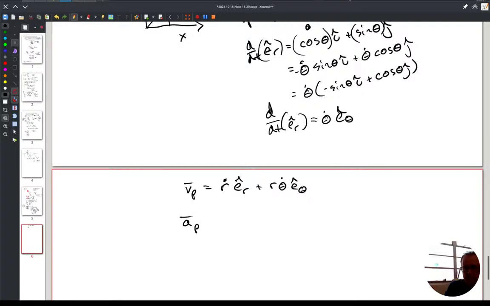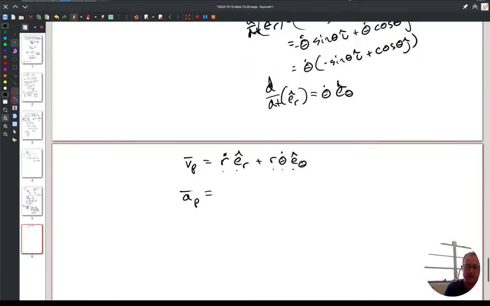Now the acceleration of point P, I have to do chain rule kind of 3 times. I have to do it for this and this, this, and that. So kind of like 5 terms that are going to pop out of here.